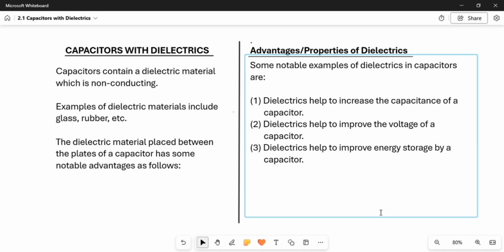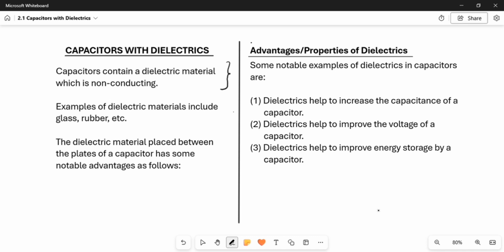Now, dielectric materials are materials that do not conduct electricity. Okay, so they are non-conducting. Examples of dielectric materials include glass, rubber, etc.